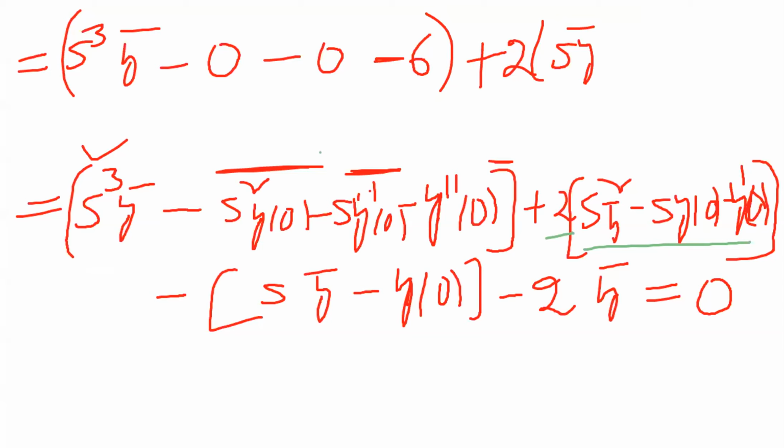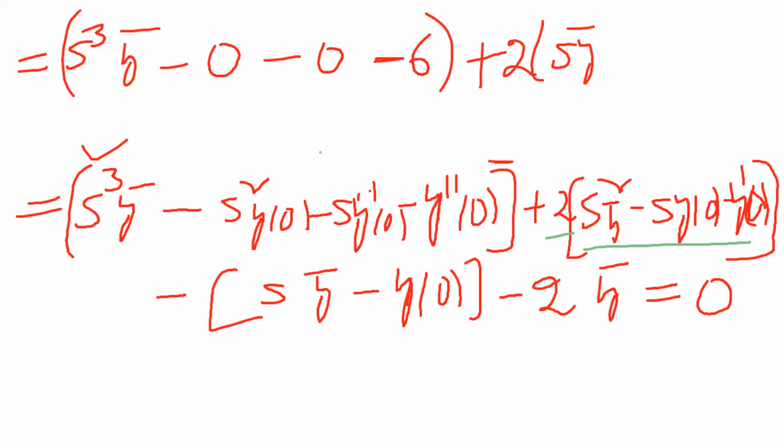So s cube y bar, here s square of y of 0 equal 0 into s square 0, y dash of 0 also 0, 0 into s also 0, minus y double dash of 0 equal to 6. That's why the first expansion with replaced values is s cube y bar minus 0 minus 0 minus 6. It is completed, the substitution of the first equation. Then go to the second equation.